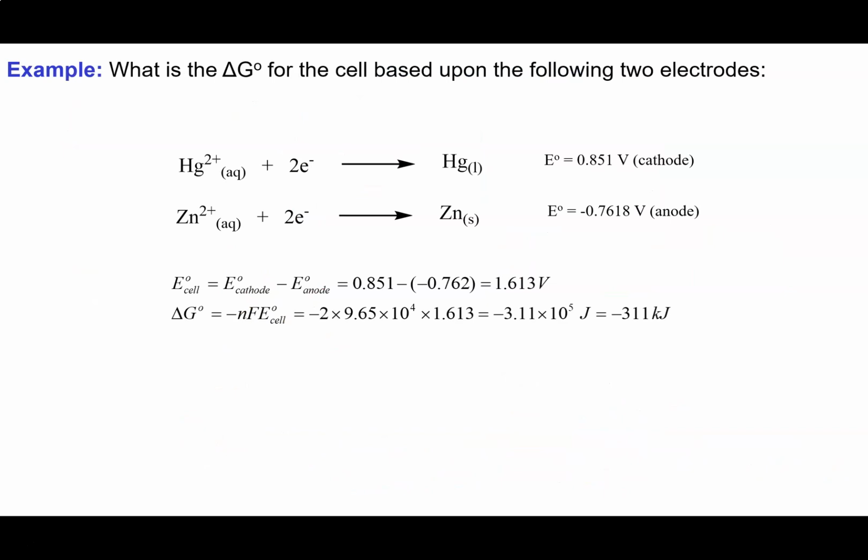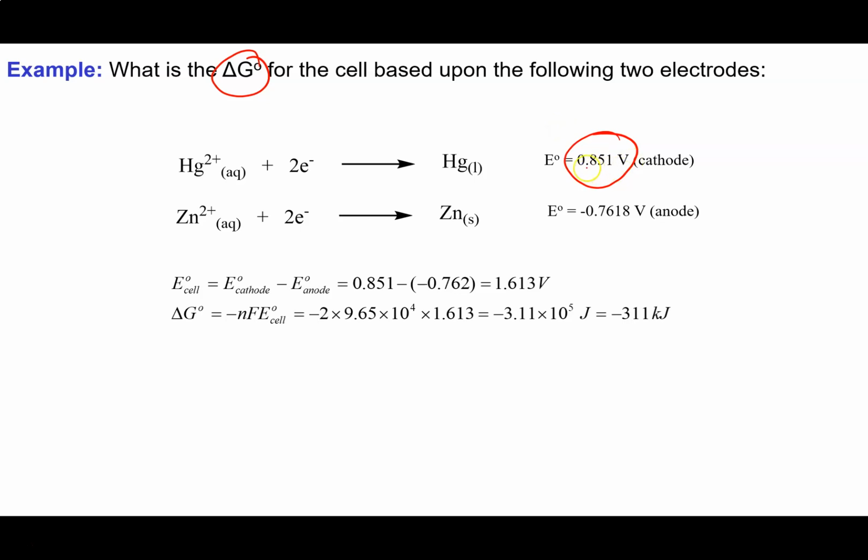Okay, here's another one. It says, what is ΔG° for the cell based upon the following 2 electrodes? These are both written as standard reduction reactions. So what we have to do is find the one that will be the cathode. We're looking for the most positive standard reduction potential, because that is the one that will go in the reduction direction.